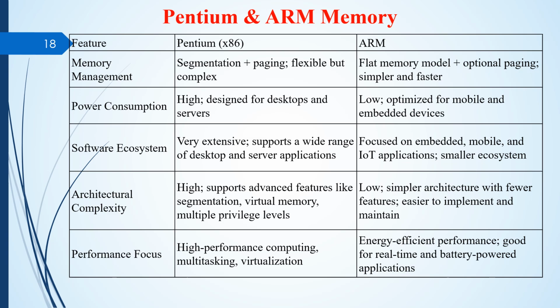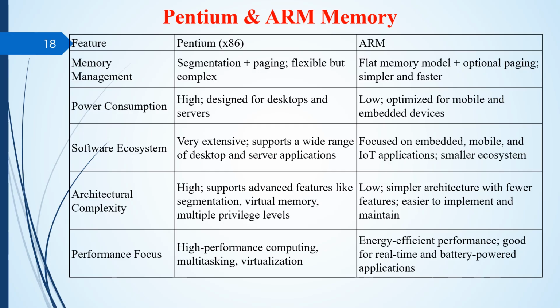Last one, if we want to compare Pentium system and ARM memory management. In terms of memory management, Pentium uses segmentation and paging, flexible but complex. ARM uses a flat memory model with an MMU, optional paging, simpler and faster. In terms of power consumption, Pentium systems are high because they are designed for desktops and servers.